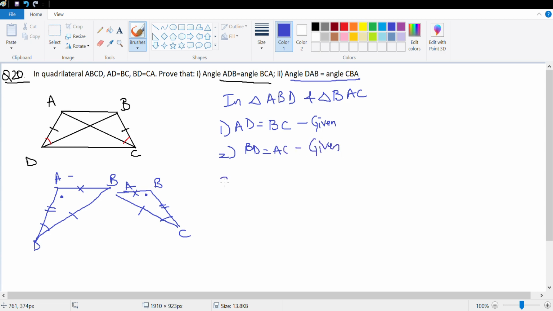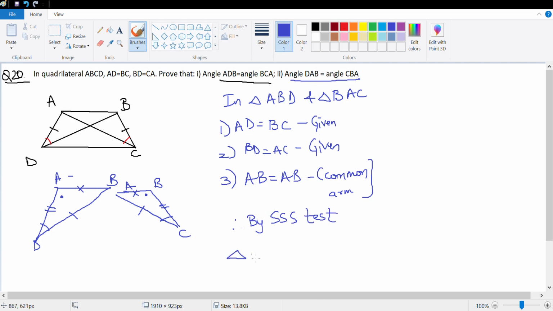That's my second side. And the third side is AB is equal to AB. This is common. Right? Therefore, by SSS test, triangle ABD is congruent to triangle BAC, which means the first letter is B. Angle B is equal to angle A, and D is equal to C.